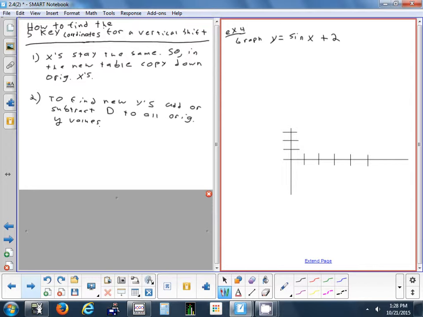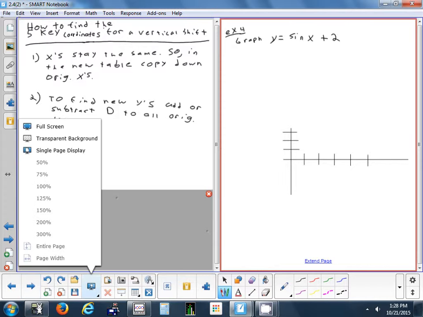Is it an amplitude change? Is it a vertical shift? What type is this one? Yep, it's a vertical shift. Can you tell me how you know that? We're adding or subtracting, and you don't have parentheses.